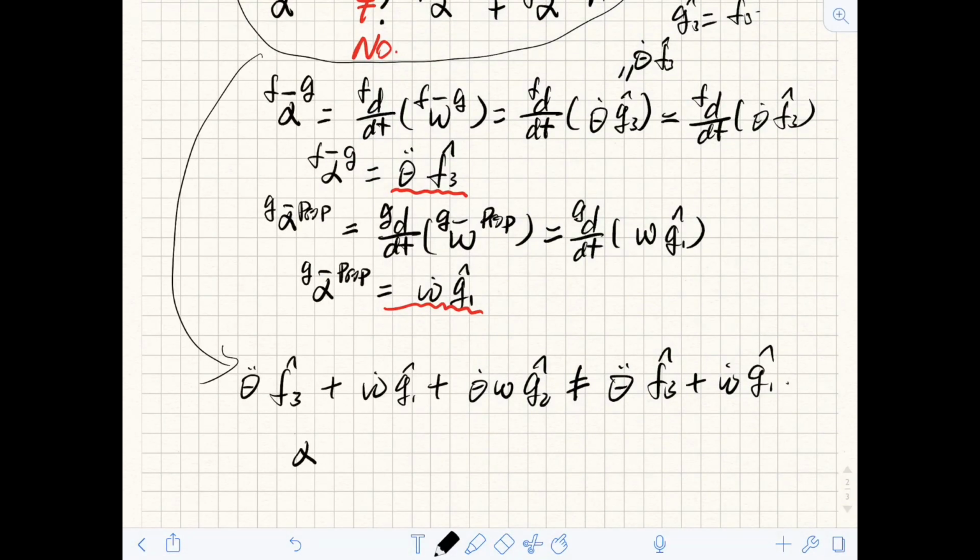So the angular acceleration of the propeller in the F frame does not equal the angular acceleration of g in F plus the angular acceleration of the propeller in the G frame.